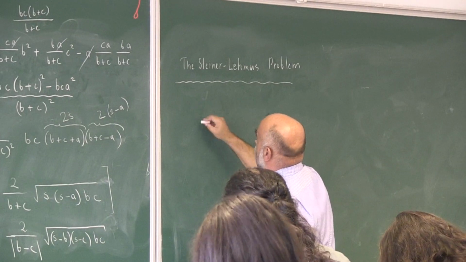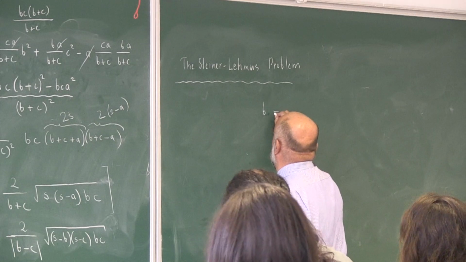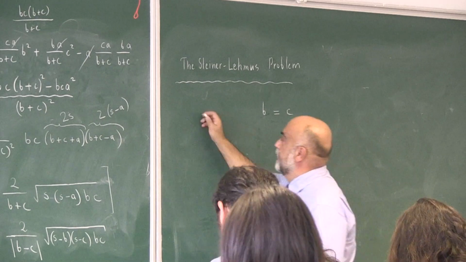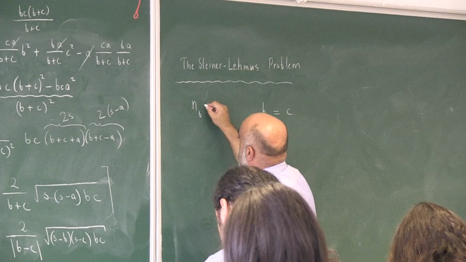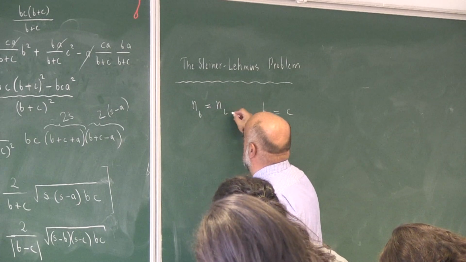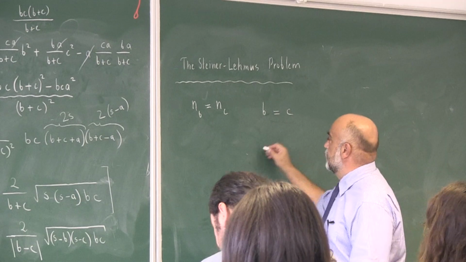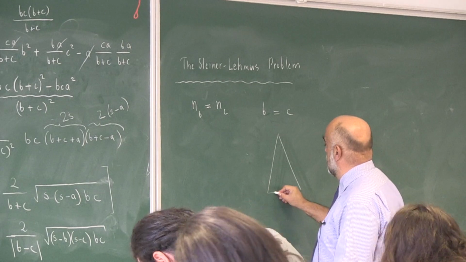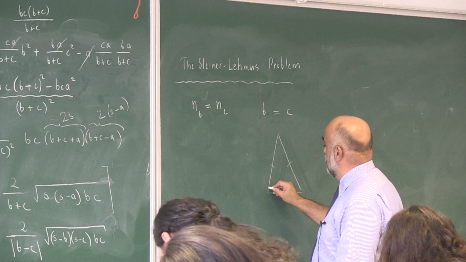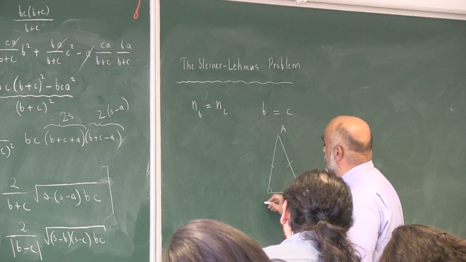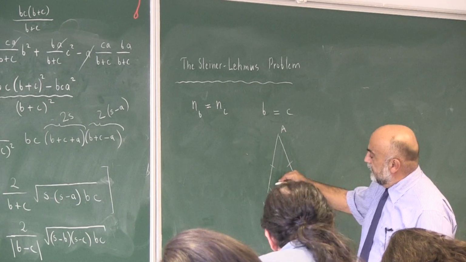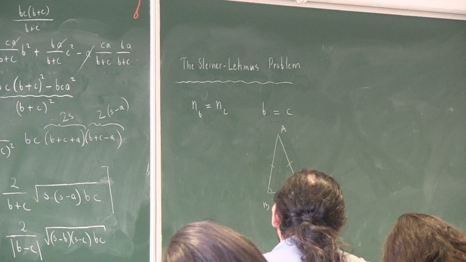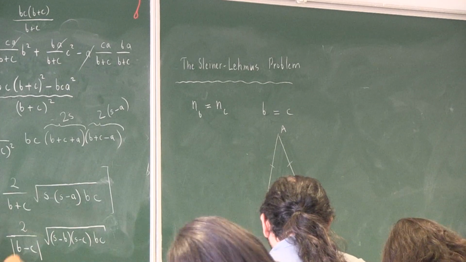If B is equal to C, so if your triangle is an isosceles triangle, then clearly NB is equal to NC. So if you've got something like this, these two sides are equal, these two angles are equal, A, B, C. If you've got a triangle like this, then the internal bisectors, let me use a little color, are equal in length.